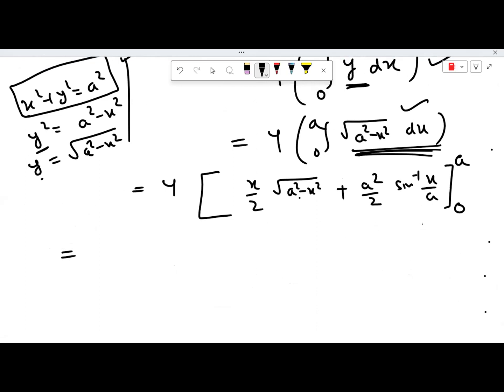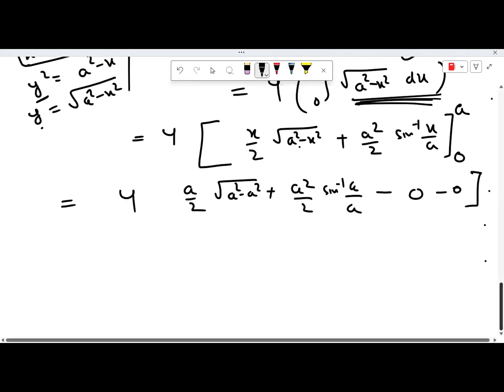So 4 times, now we'll put the upper limit first: a by 2 root a square minus a square plus a square by 2 sin inverse a by a, minus, now putting 0, 0 into anything is 0, plus sin 0 is also 0. So 4 times, a square minus a square is 0, plus a square by 2 sin inverse 1.